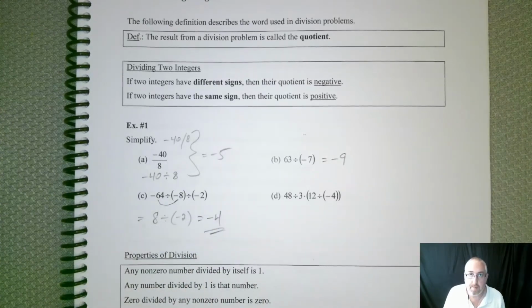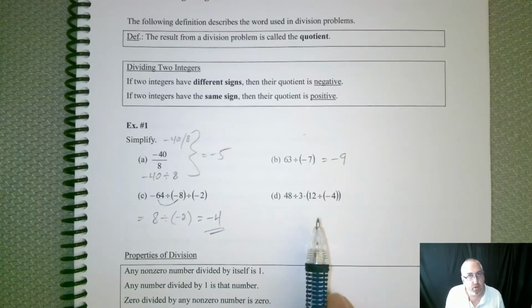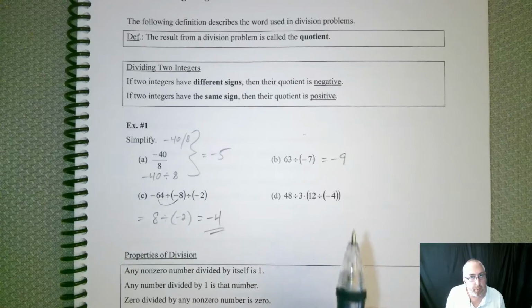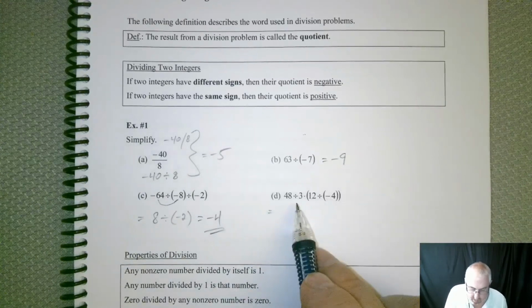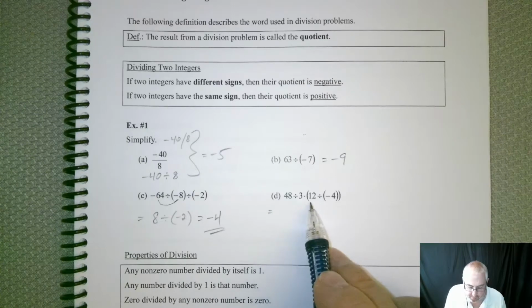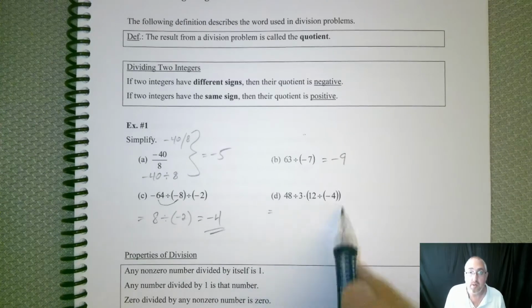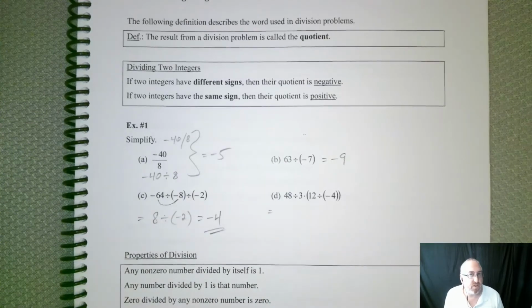So far, so good. All right, this next one is trying to trip you up, so we want to be really careful. We got 48 divided by 3 times, in parentheses, 12 divided by -4. What should we do first? Well, we haven't really talked about it formally yet, but anytime you have stuff to do inside of parentheses, you want to do that first.